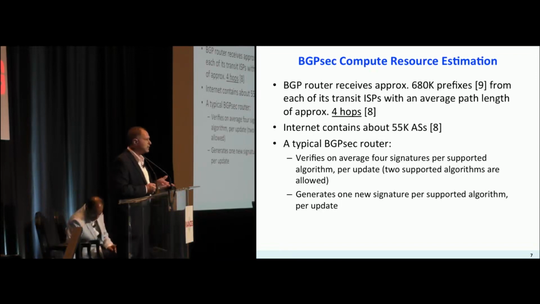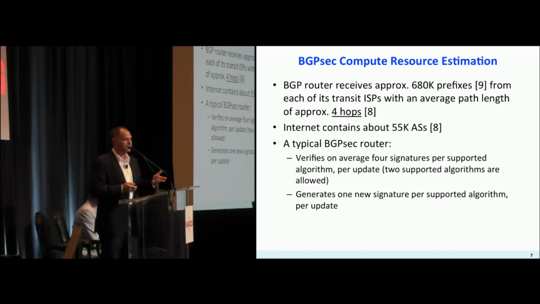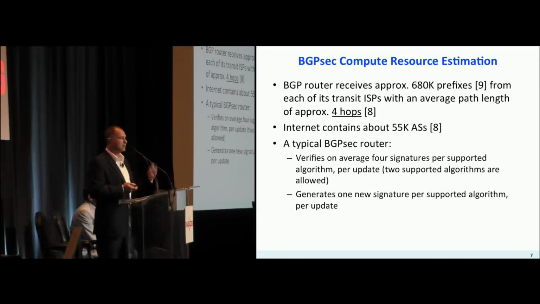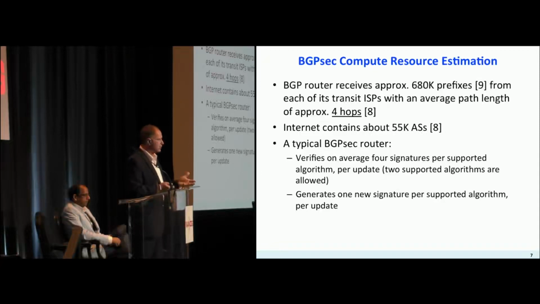Now, a typical BGP-SEC router is going to verify on average 4 signatures, 1 per hop, if you will, and that's per algorithm supported, per update. And then once the validation is done, if it's propagating that particular path, it will sign it. It will be a new signature, per update, per algorithm.